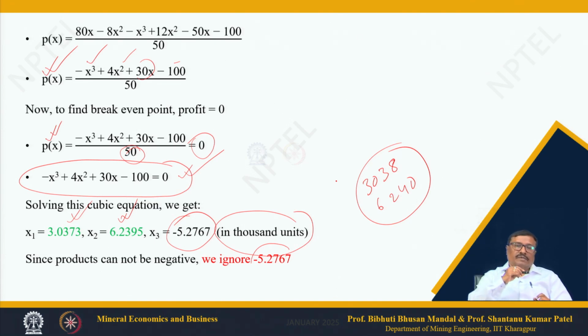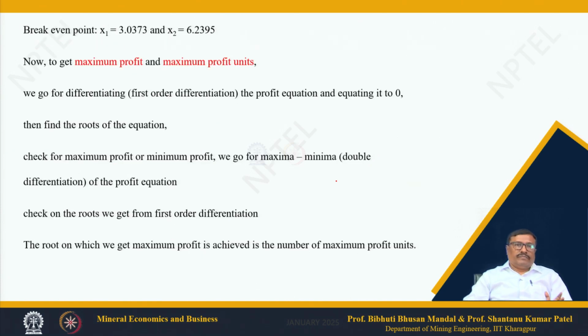So, the curve is not linear, it is cutting the cost curve at 2 different points, that we will see also at the end of this. Now, the break even points are 3.0373 and 6.2395, or 6240, that is also possible.